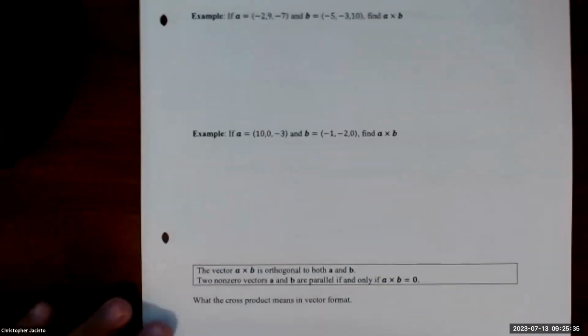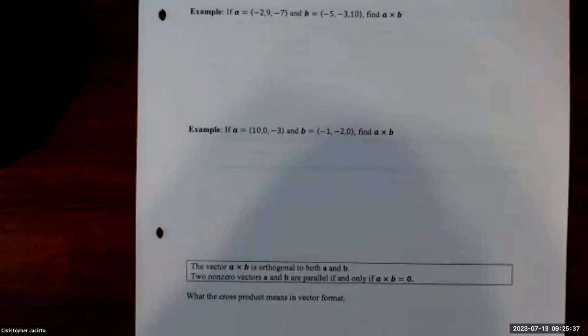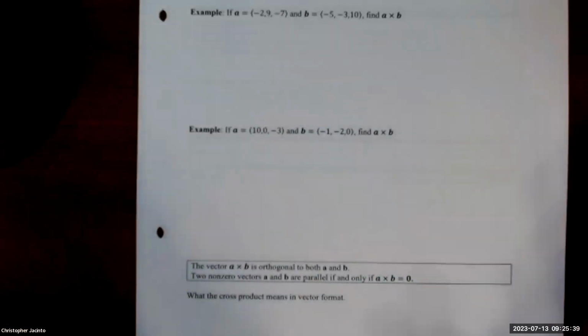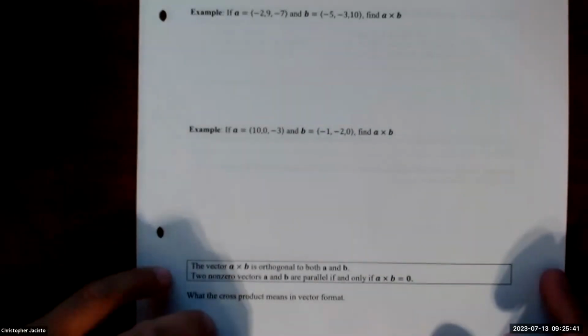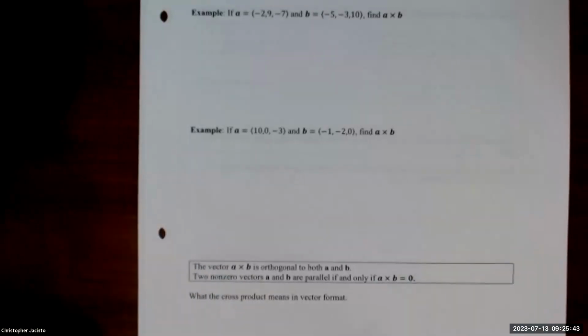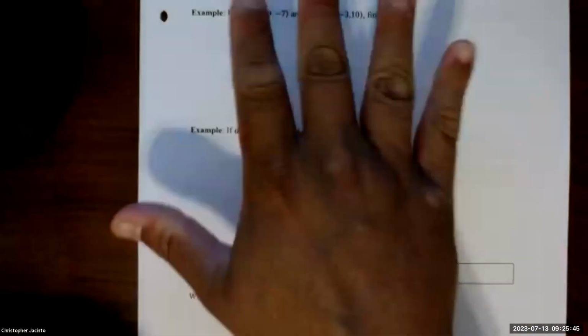So let's do just a couple of examples. Find the cross product if A is this and B is that.